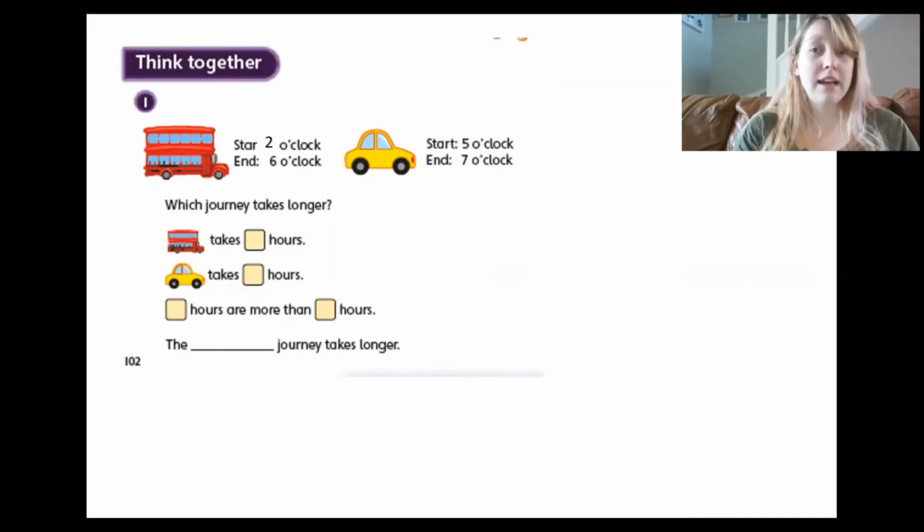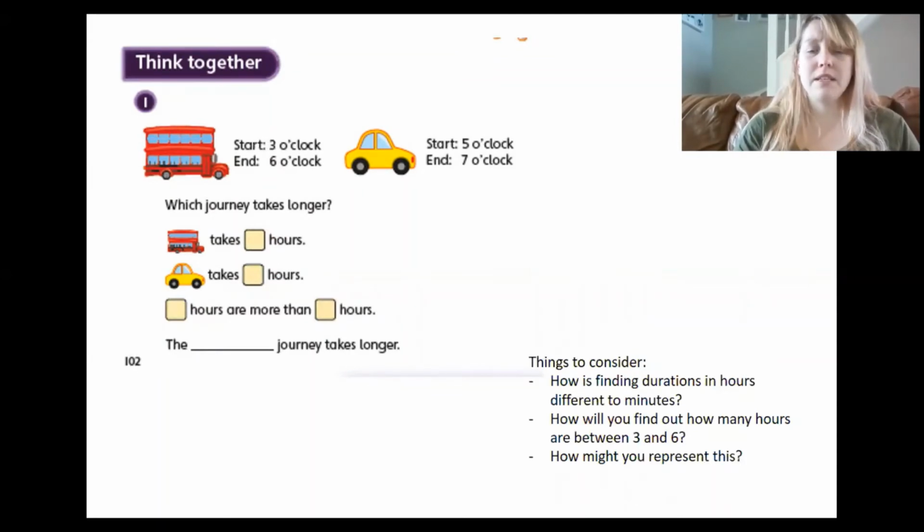So I can realise using my mental maths, I don't need to do any form of calculation. I know that the bus took 4 hours and the car or taxi took 2 hours. I also know, because of my place value skills, that 4 hours is more than 2 hours because 4 is bigger than 2. Therefore, the bus journey took longer.